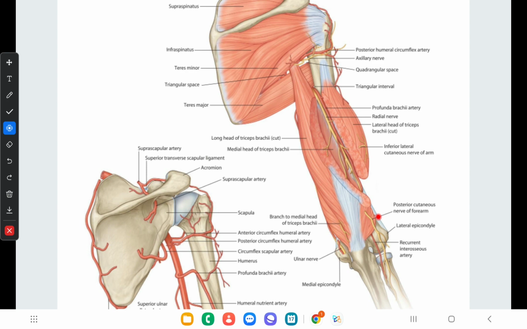And also it gives articular branches to the elbow joint as well. What are those 4 branches? To the brachialis muscle, then to the brachioradialis muscle, then to the extensor carpi radialis longus muscle, and articular branches to the elbow joint.